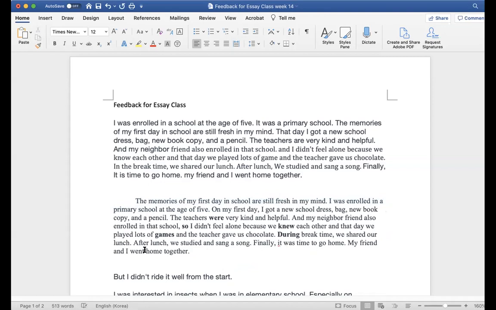Finally, it was time to go home. My friend and I went home together. Okay, now our concluding sentence should echo this, right? Because we talked about how it was the first day and it was a special day, and then all these things happened, right? And now we want to make like a sandwich here. Like this top sentence here, this topic sentence is the top bun. Then we got our hamburger in here, and then we need a bottom bun to finish it off.